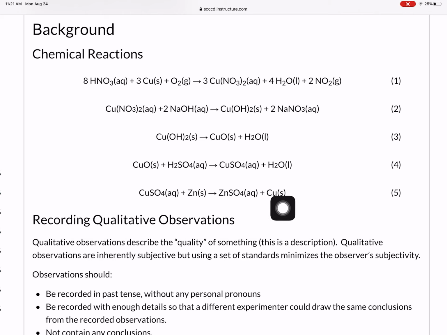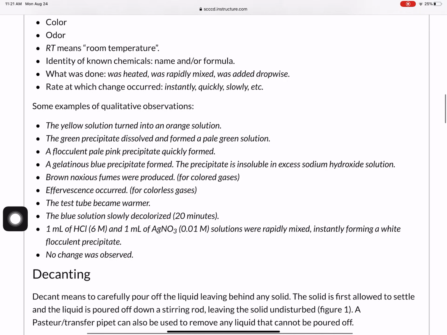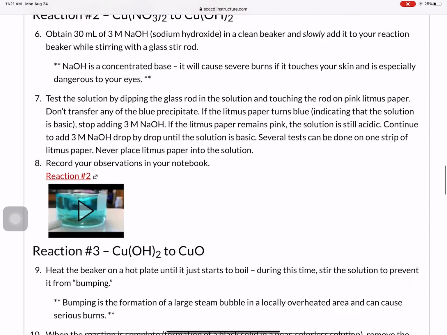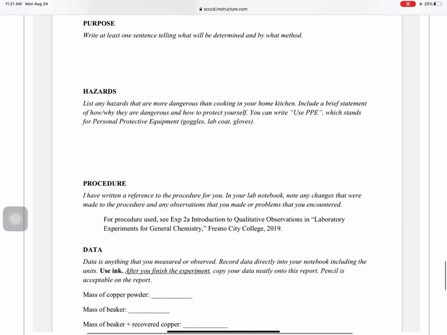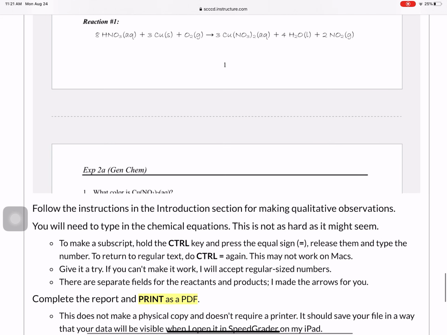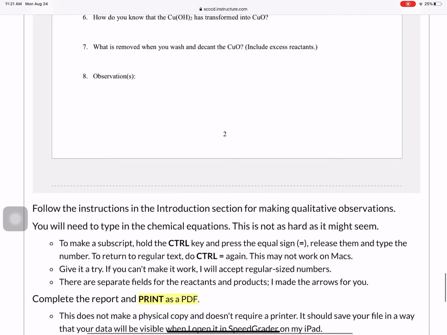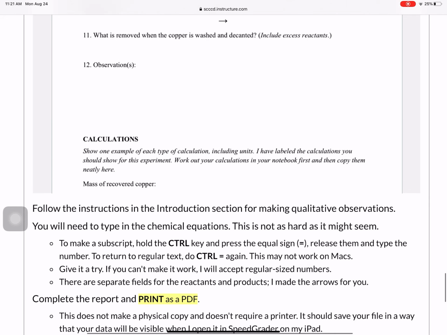The copper, the solid, is what we're keeping. The zinc and the sulfate are what are being decanted. So you have to do a little bit of detective work looking at these to figure out some of the answers. They're not necessarily going to be obvious.